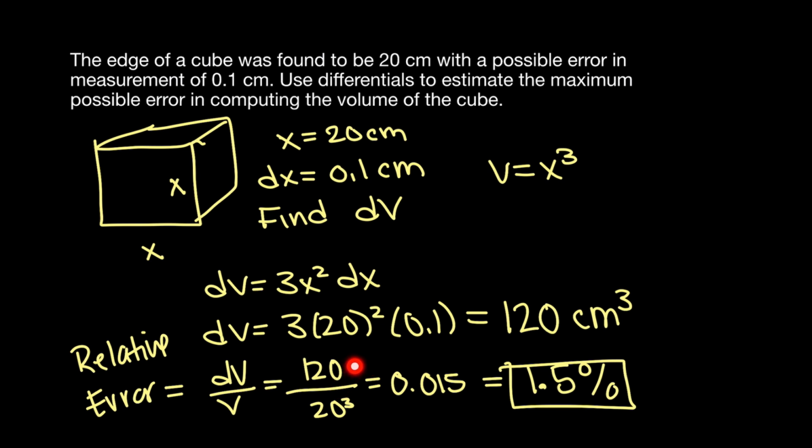So our error in our volume computation is 120 centimeters cubed, but if x is 20, the actual volume would be 20 cubed. And if I take 120 divided by 20 cubed, I got 0.015, which written as a percentage would be 1.5%. So with this possible error, I can expect that I might get a 1.5% error in my volume computation.